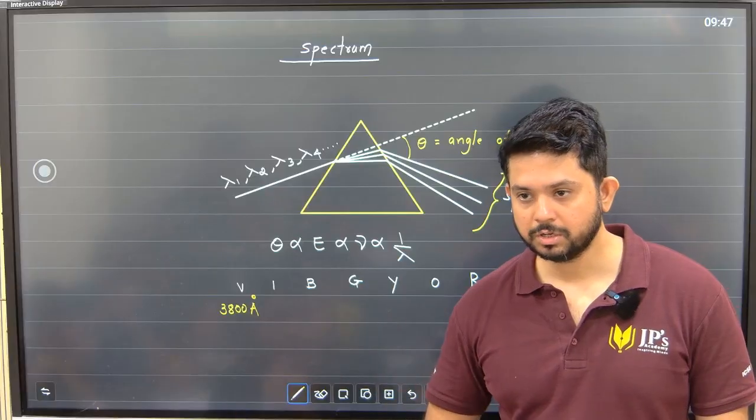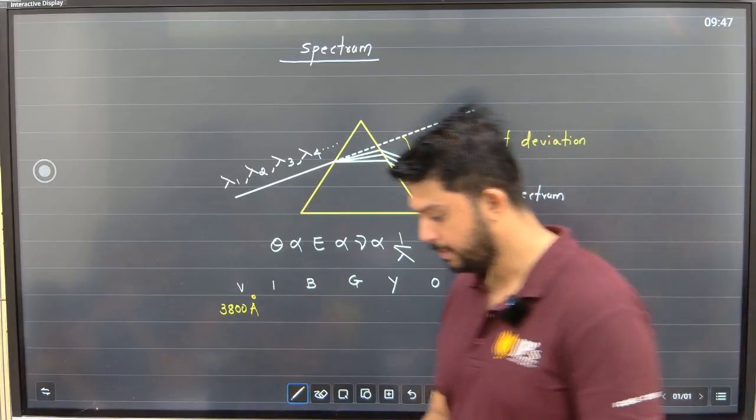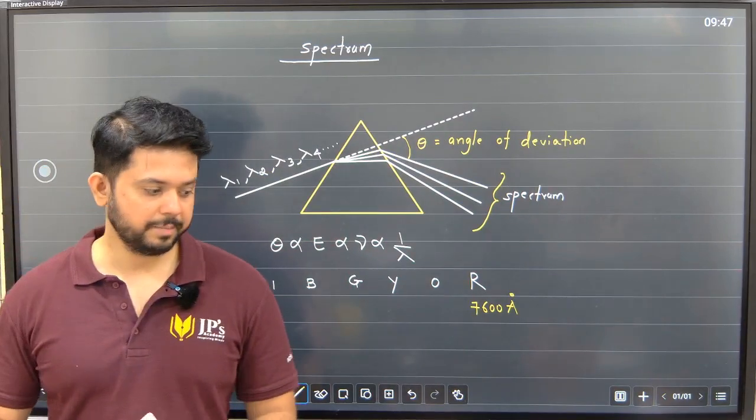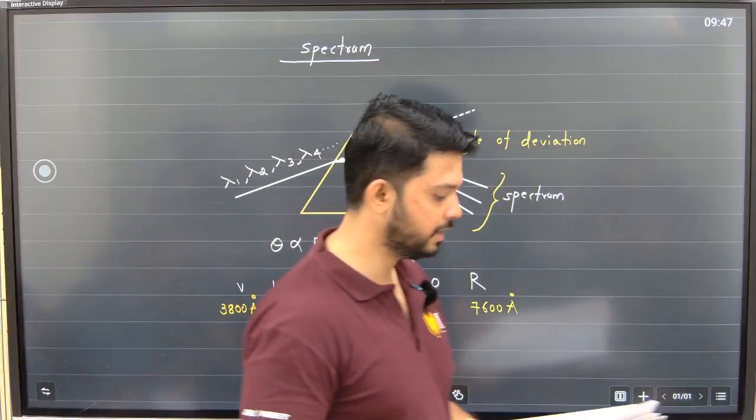Yes or no? Chalo. So on a new page, please write down spectrum. We'll first write a basic introduction, then ये diagram copy करना है.